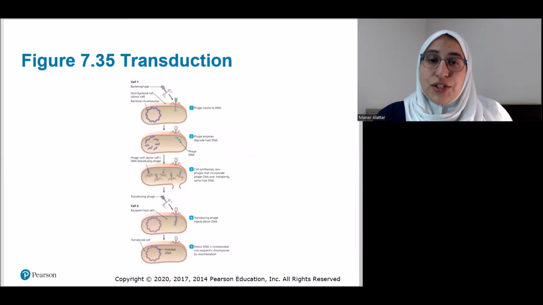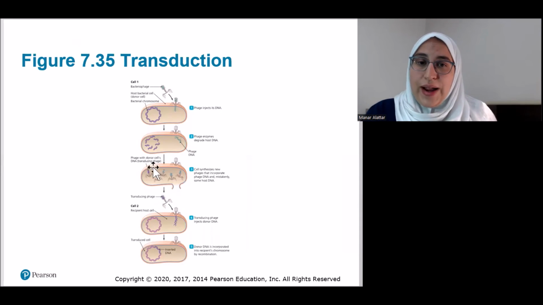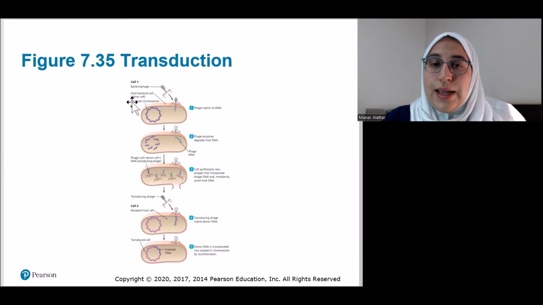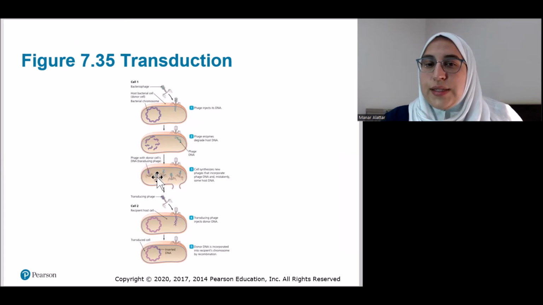Here you have transduction. You'll recognize this from our discussion on viruses, where the virus is bringing in a piece of genetic information. In its normal virulent state, it would take over the cell and make the cell produce more virions.